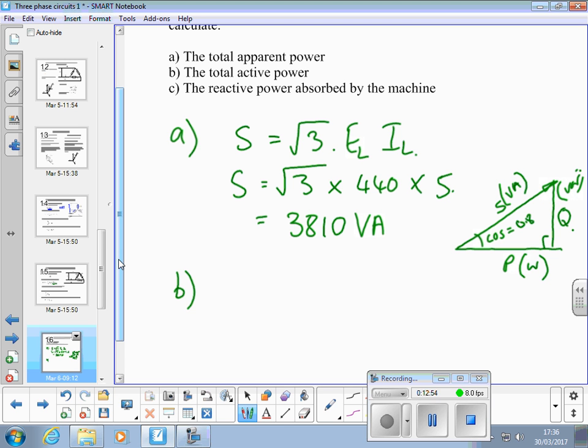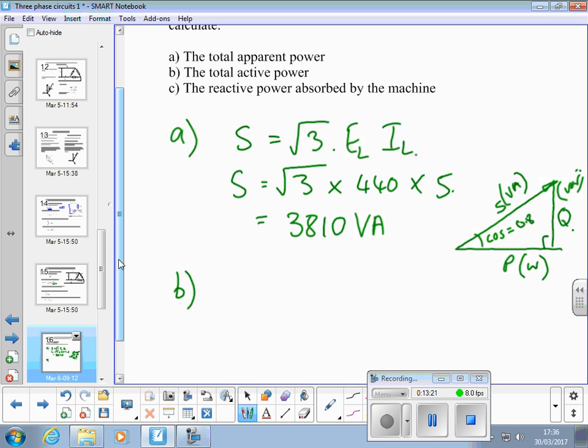S is always the hypotenuse, P is always the horizontal one, the in-phase component, the real power, the one that's using energy. Q is the one that doesn't do any work, that just travels backwards and forwards. In a motor, that's called the magnetizing current.